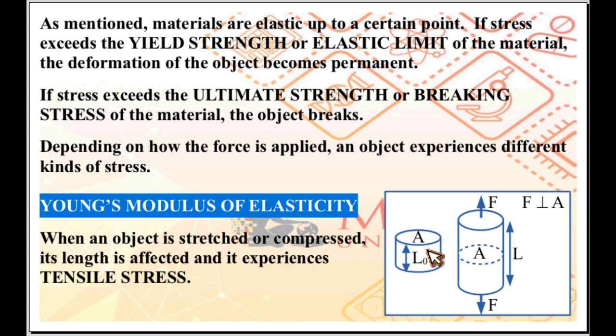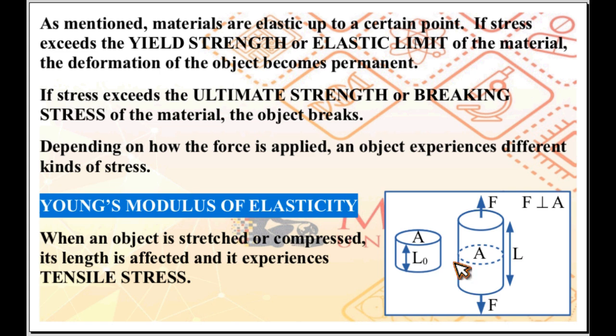You have an object, cross-section area A, for example, initial length L naught. We apply force to stretch it, force F. To stretch it, the length changes from L naught to final length L. The force applied on area A is perpendicular to the area A. F is perpendicular to A. The object will stretch.